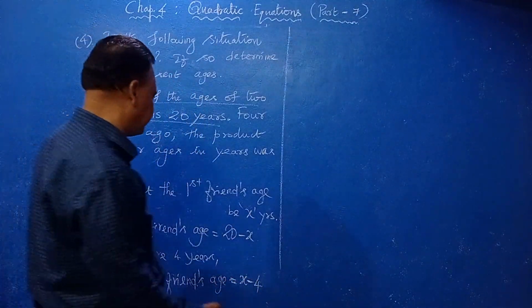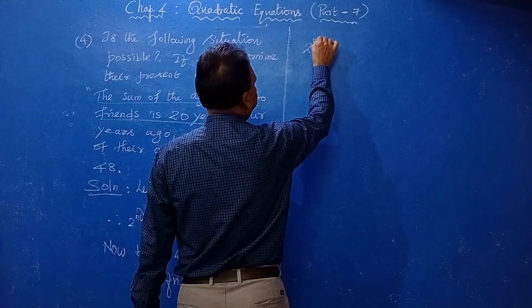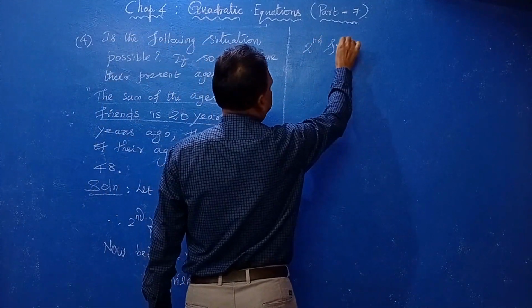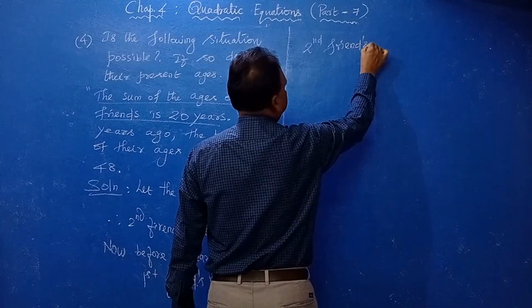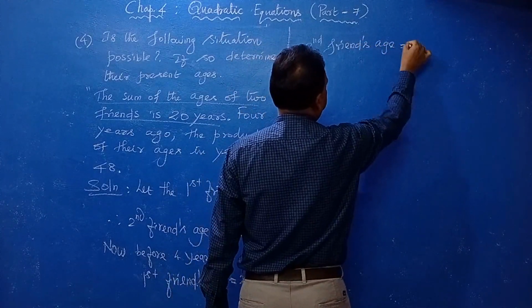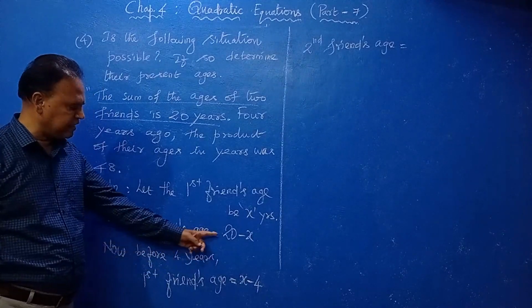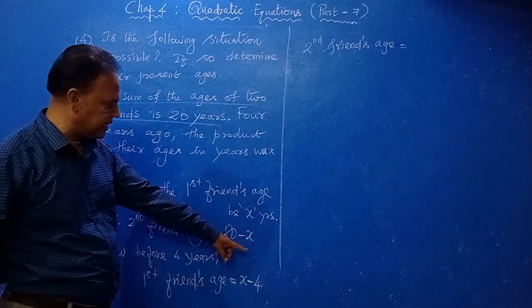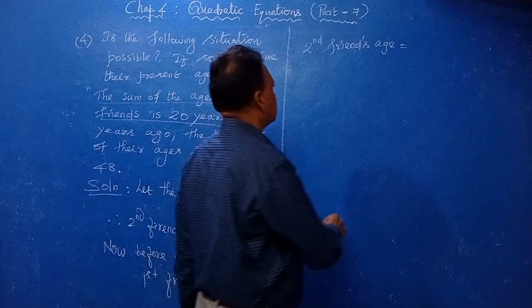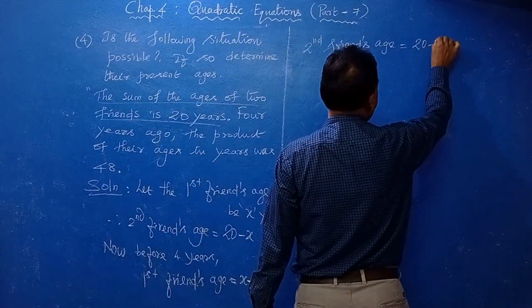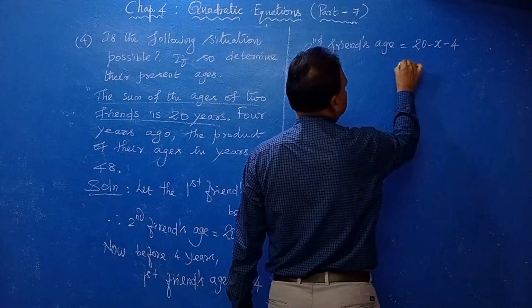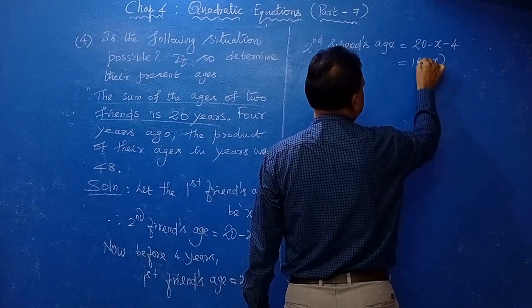And the second friend's age is 20 minus x, subtract 4, means 20 minus x minus 4, that means 16 minus x years.